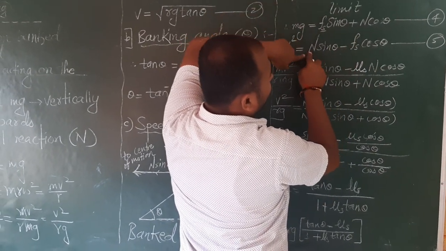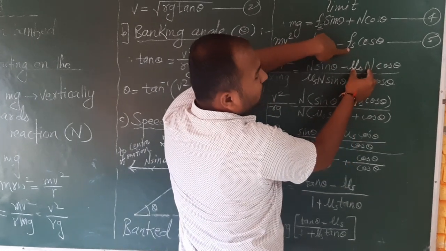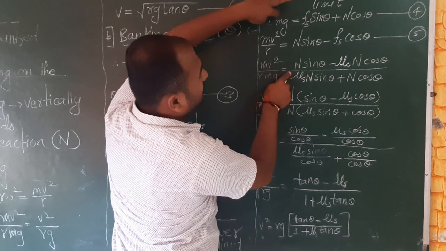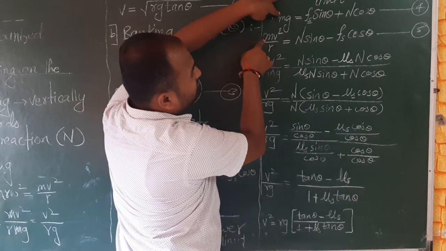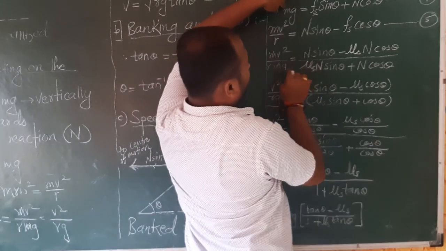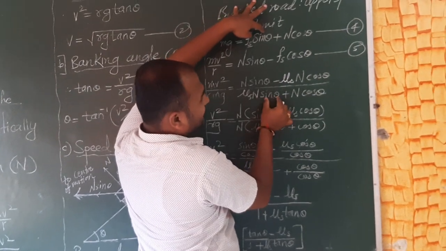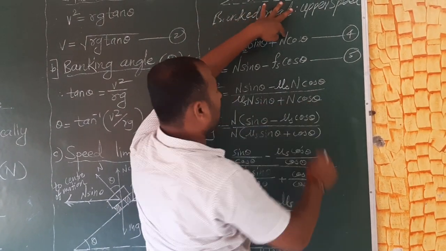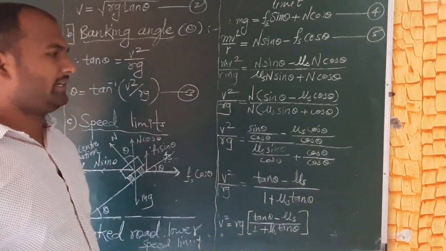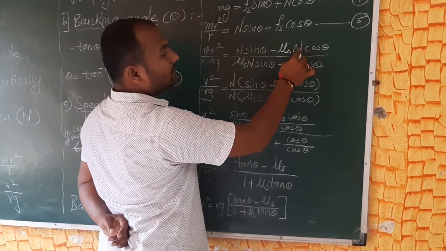So therefore we can write n sin theta as it is minus mu s n cos theta, divided by mg, which is mu s n sin theta plus n cos theta. So therefore m cancels, and here we can write v square upon rg. So here n and n are common.